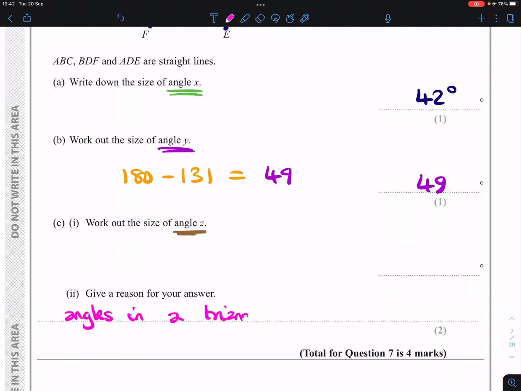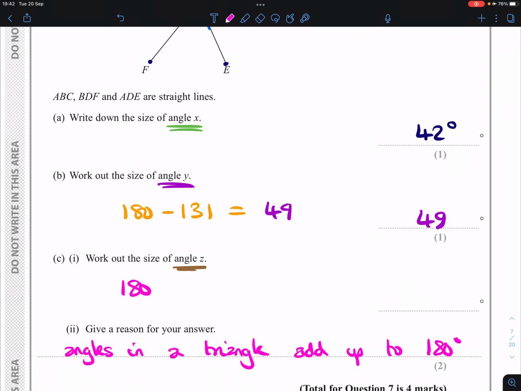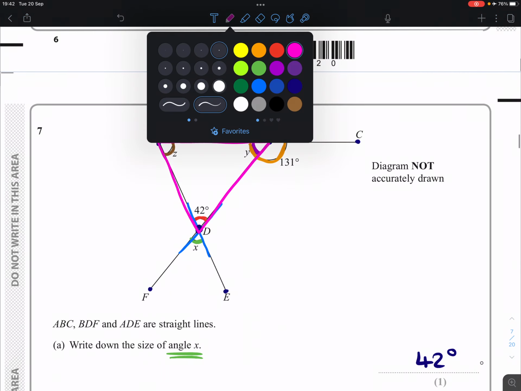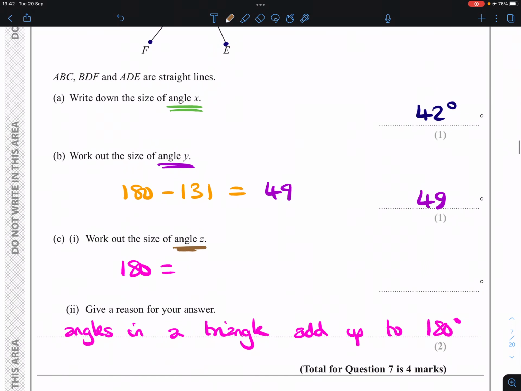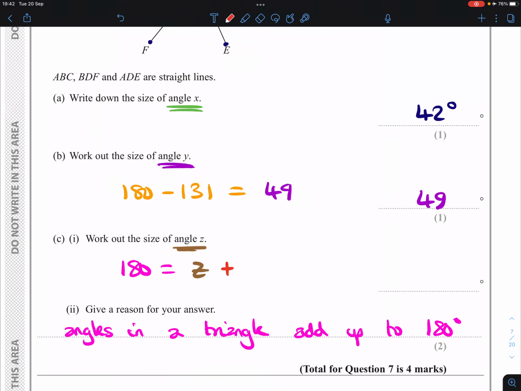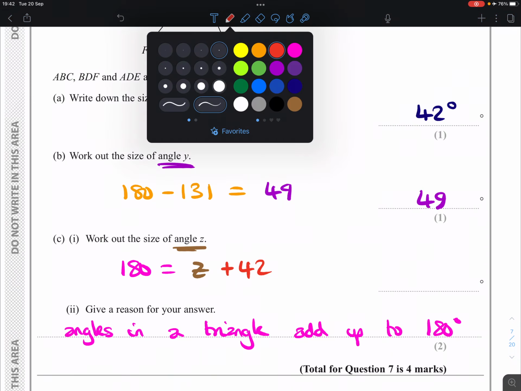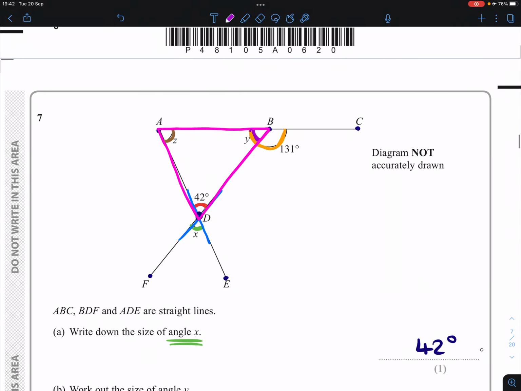So the calculations that we're going to do here involve 180 to start with. If we add all of the angles in that triangle up, we get 180. So we have a Z first of all for this. We have a 42, which was our angle in red. And we have a 49, which is our angle in purple here. So we have a purple angle.